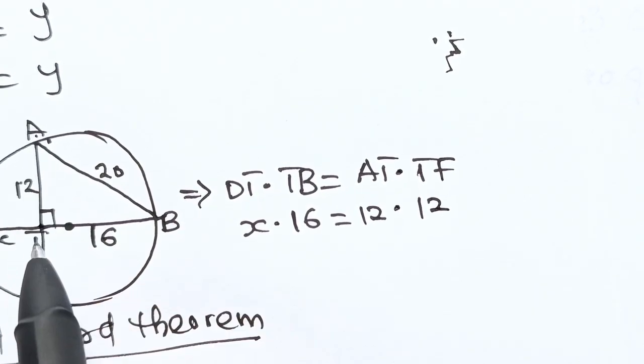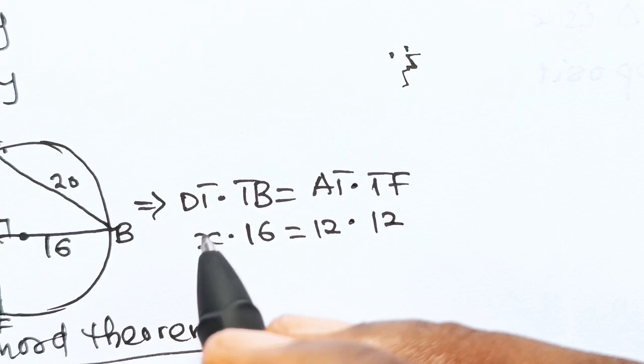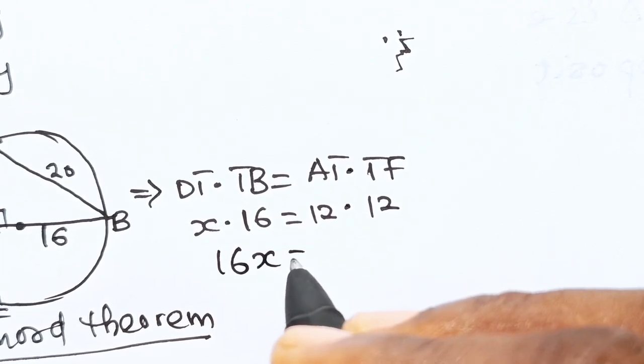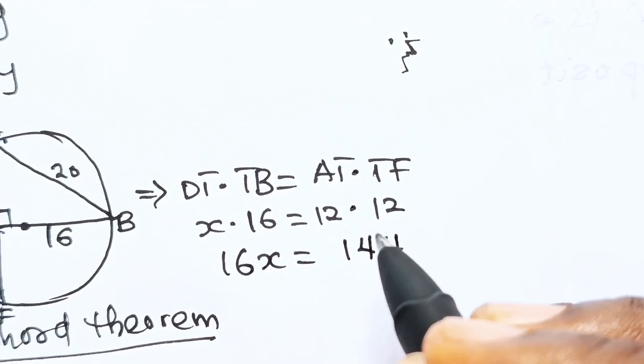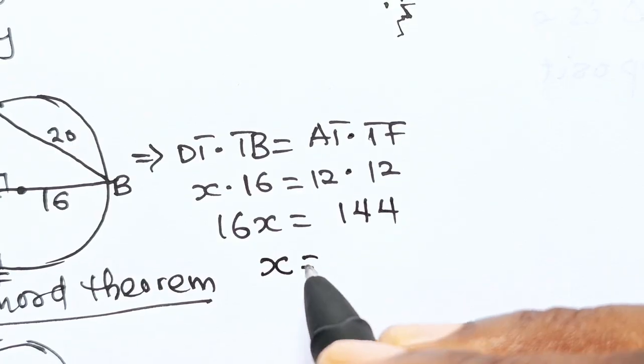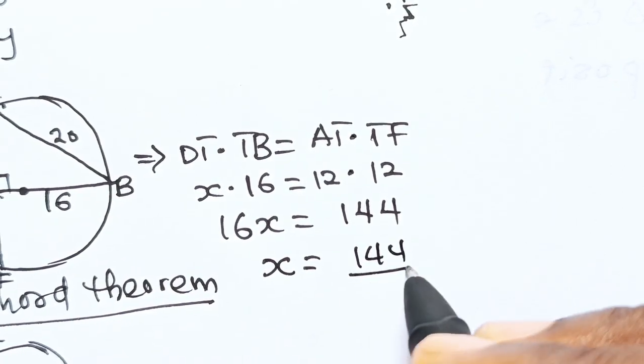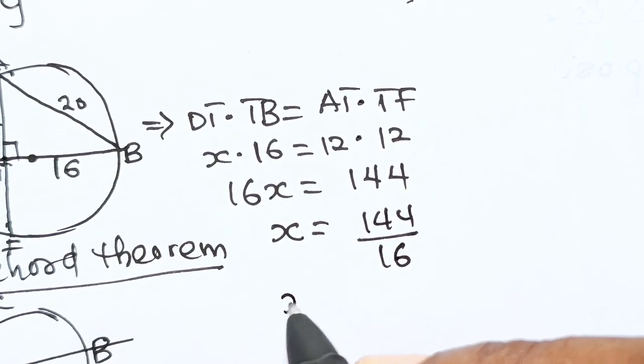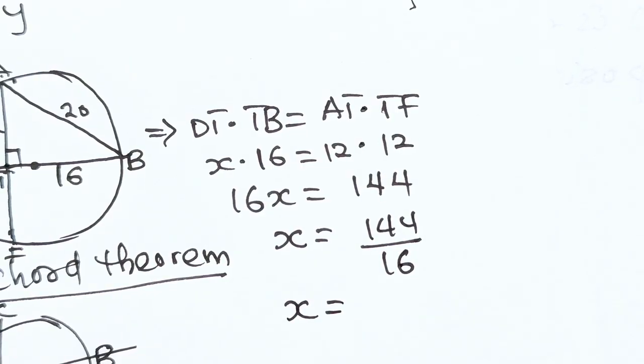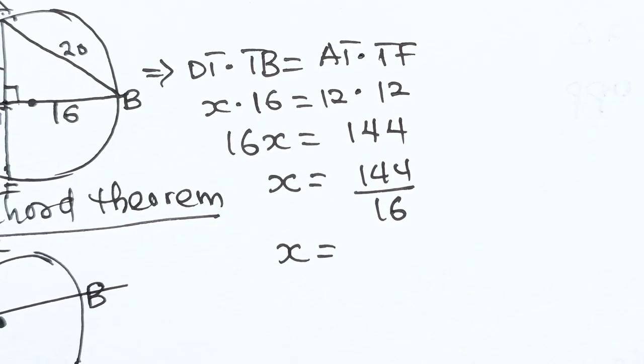So from here to here should be equal to from here to here. So we have 16x is equal to 144. So x should be 144 divided by 16, and x is equal to 9.